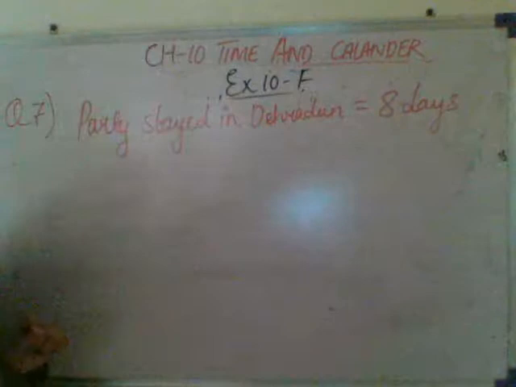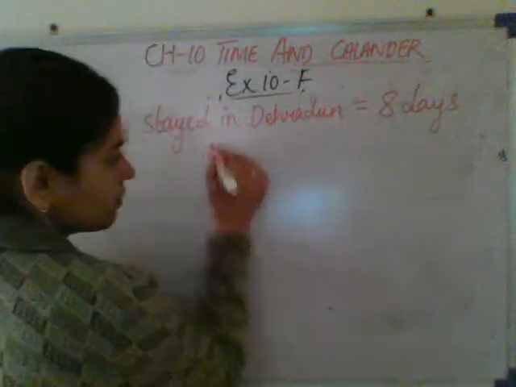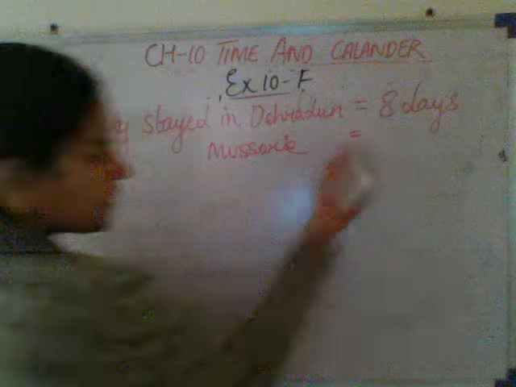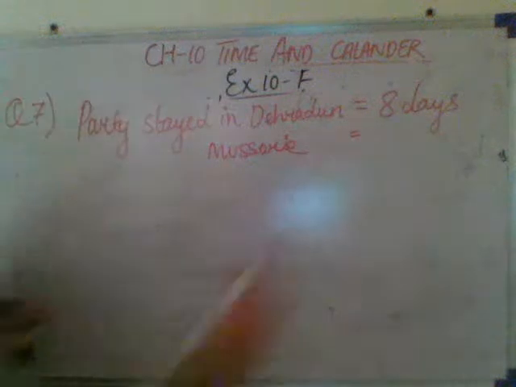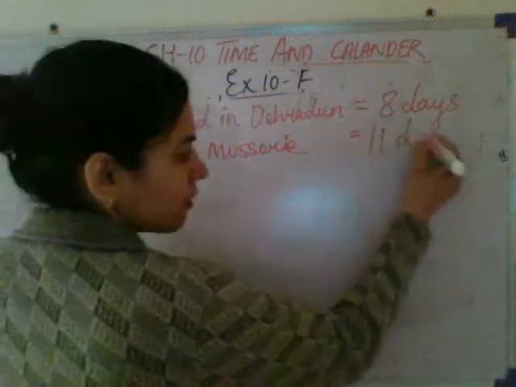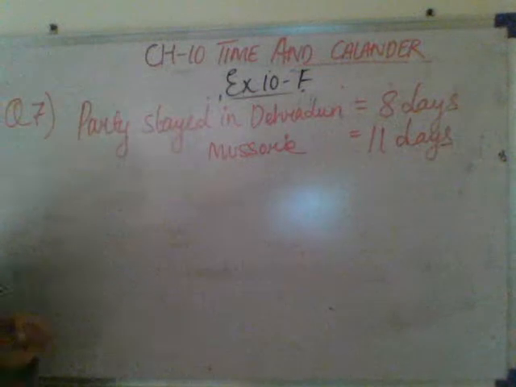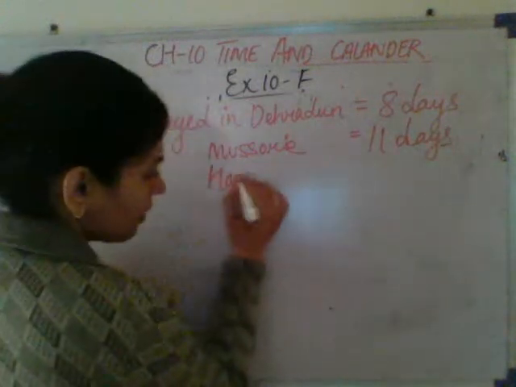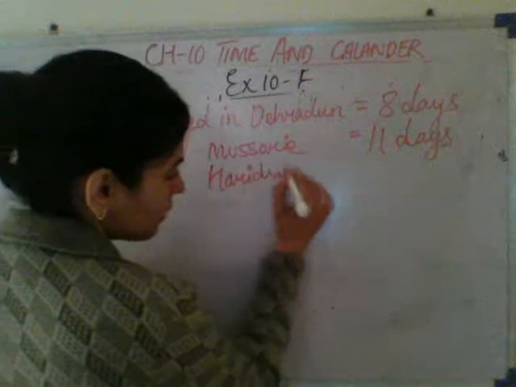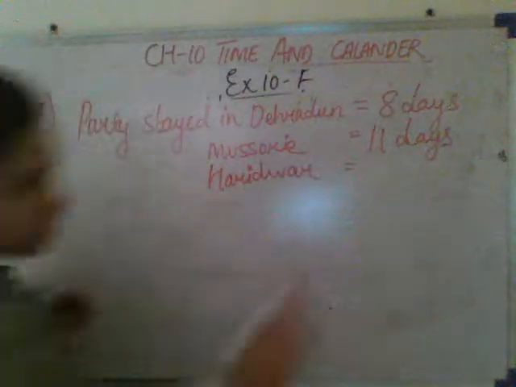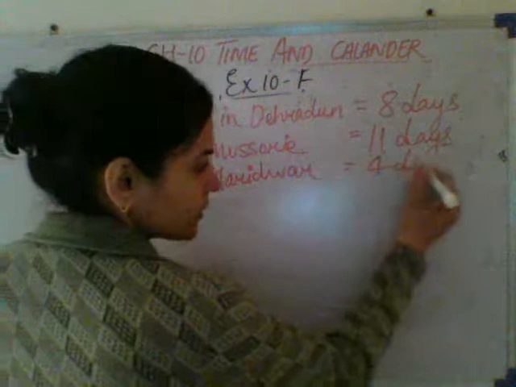Then the same party stayed in Mussoorie for 11 days. Then comes Haridwar. In Haridwar, the party stayed for 4 days.